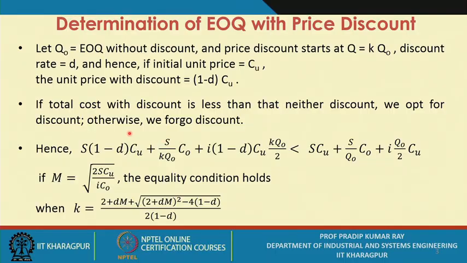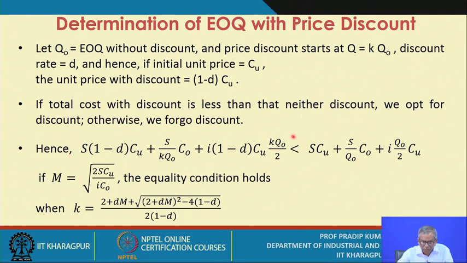Then you check whether the total cost with discount is less than that without discount; then you opt for discount, otherwise you forgo discount. So this is the basic logic we establish.